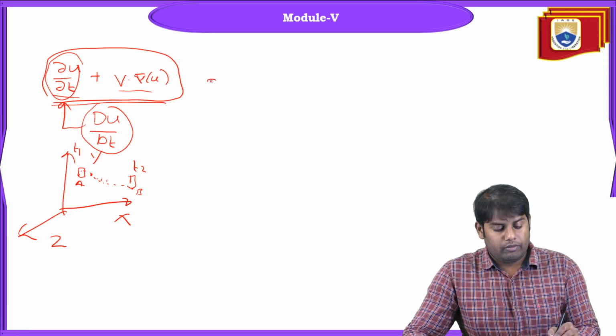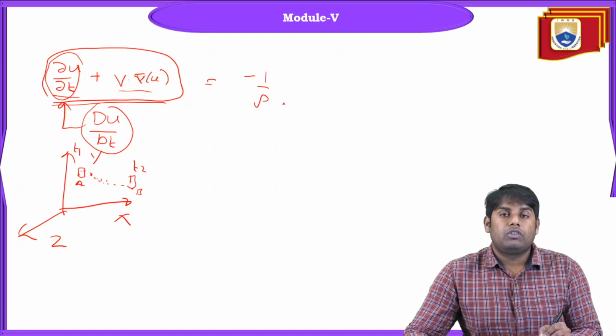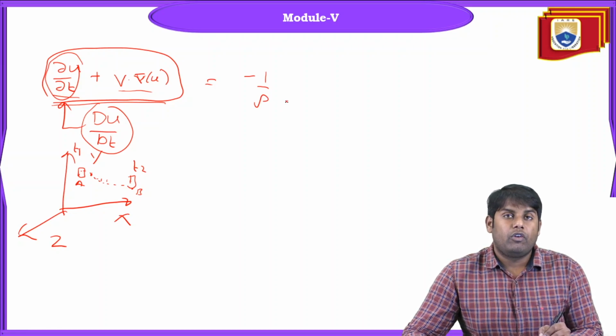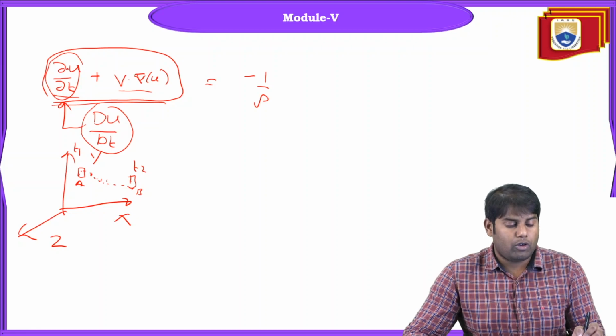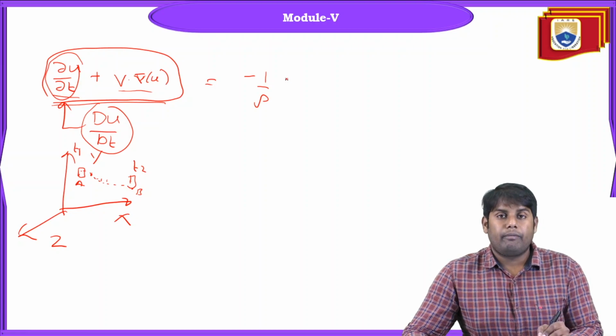This is equal to minus 1 by rho dou p by dou x. This equation we are writing for incompressible flow. When the flow is compressible, we will have rho inside these terms on the left hand side.